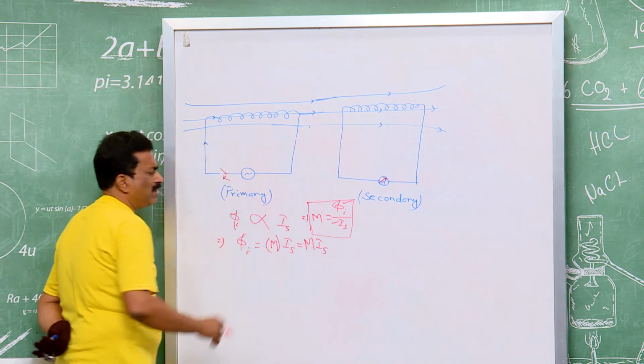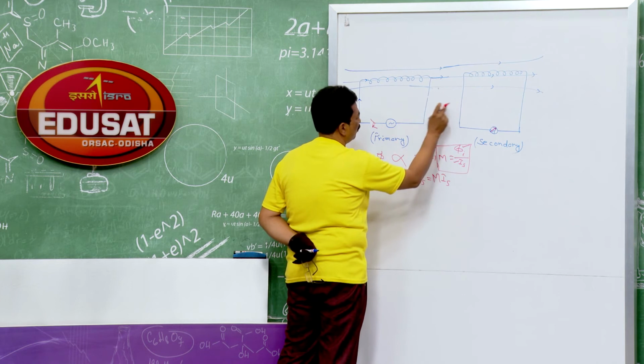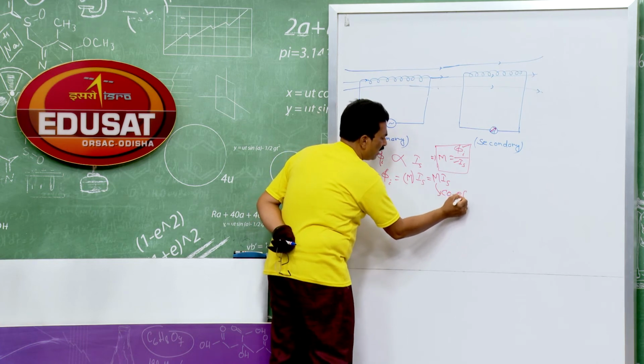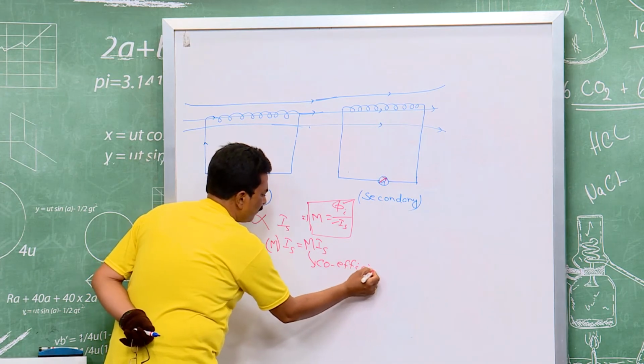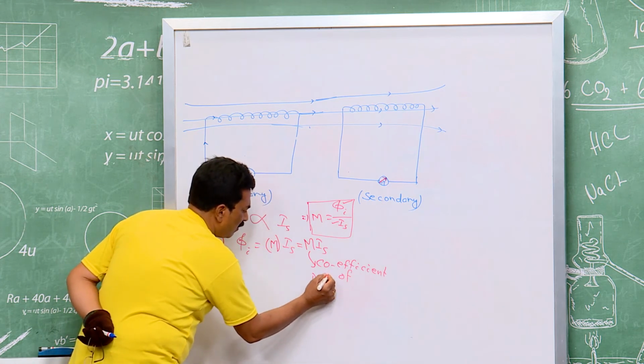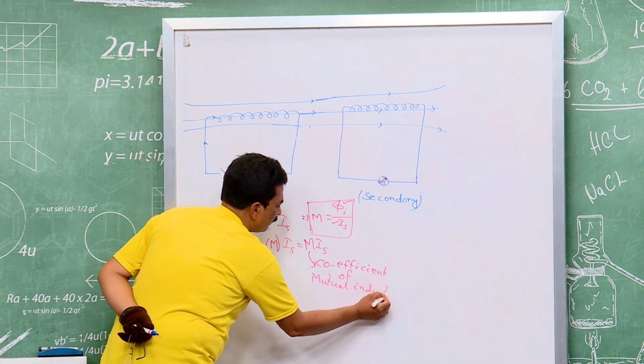This is one of the definitions of the coefficient of induction for the secondary one, and this M is treated here as the coefficient of mutual induction.